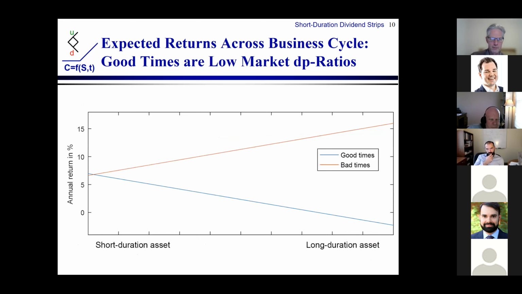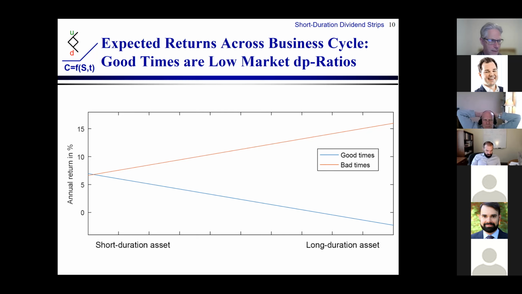There is an alternative way of defining good times and bad times. So good times being expansions, bad times being recessions. And Gormson argued in a paper that, well, maybe one should look at low market dividend to price ratios. And they would give an indication. If they are low, then the market expects better times, that we are in an expansion time, that we are in a good time.